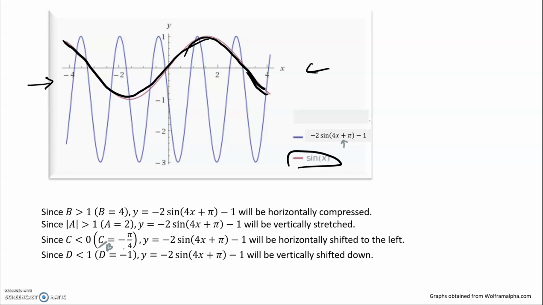Since it is negative right here, or because it is positive over here, either way, we're going to be shifted to the left. And then finally, because D is less than 1, it's actually -1 here, we had a vertical shift down. Notice how we were right here, but then we got scooted down right here for our -2 sine of 4x plus pi minus 1 equation. And that's it.